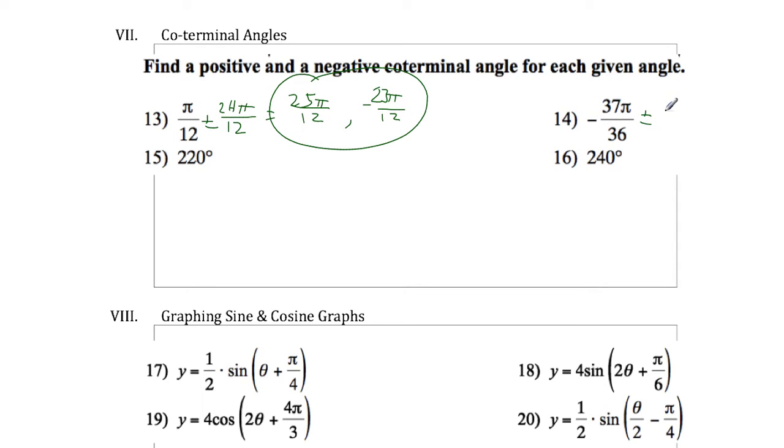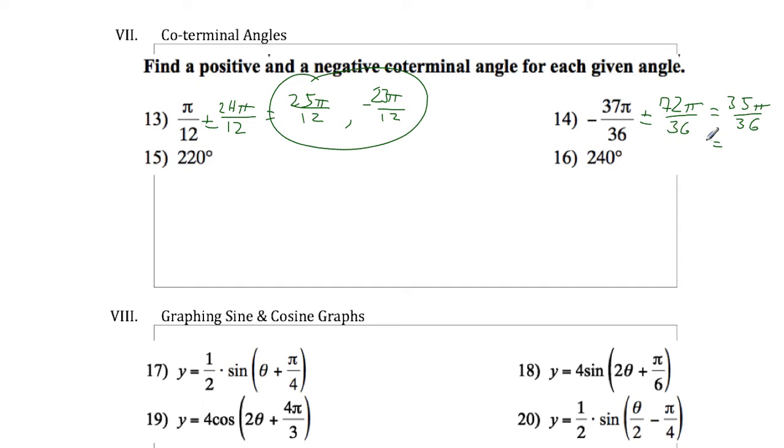Here we're going to again add and subtract 2 pi. That's a full circle. So if we're dealing with 36, this is going to be 72 pi over 36. So if we have negative 37 and we add 72, that's going to give us 35 pi over 36.